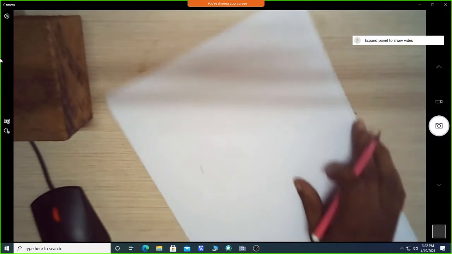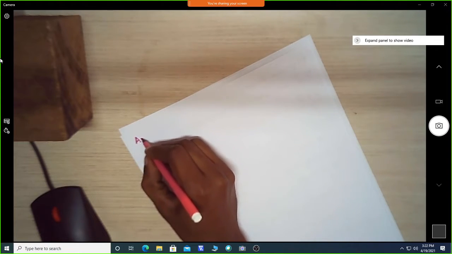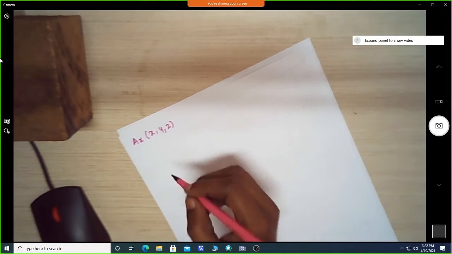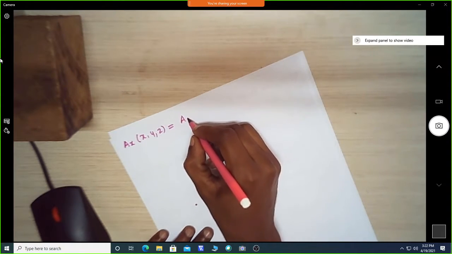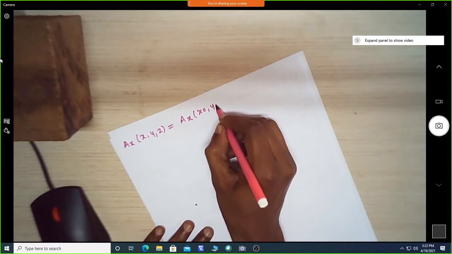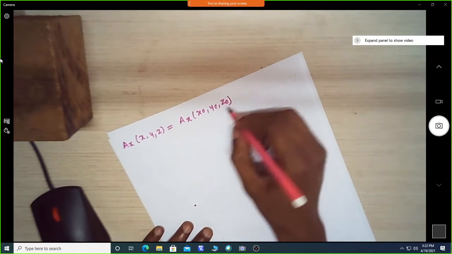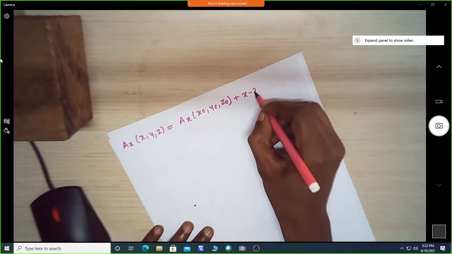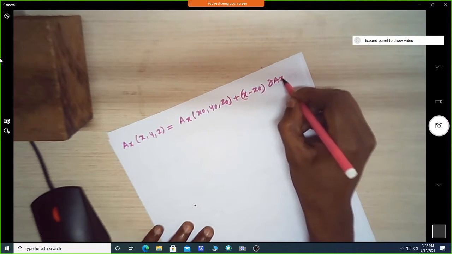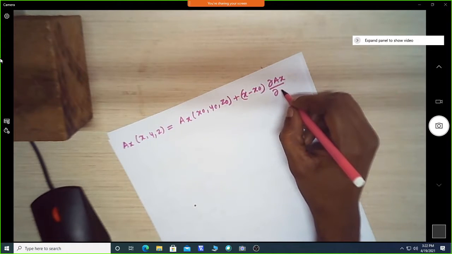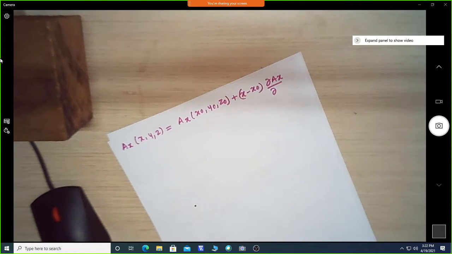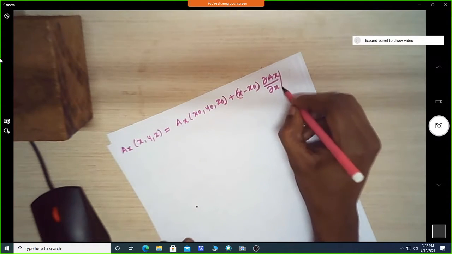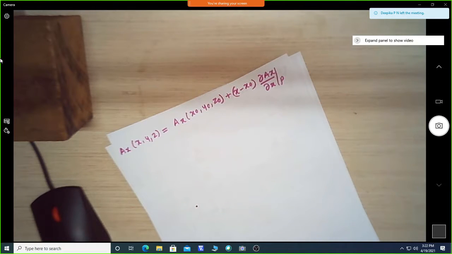If I consider a_x of x, y, z and want to expand this using the Taylor series expansion method, I can write the x component at point x naught, y naught, z naught as plus x minus x naught into del a_x by del x at point P. And similarly you have del a_y.